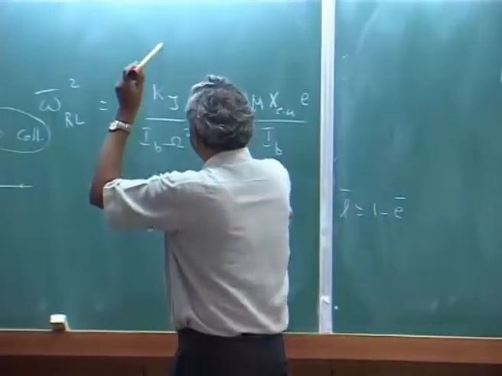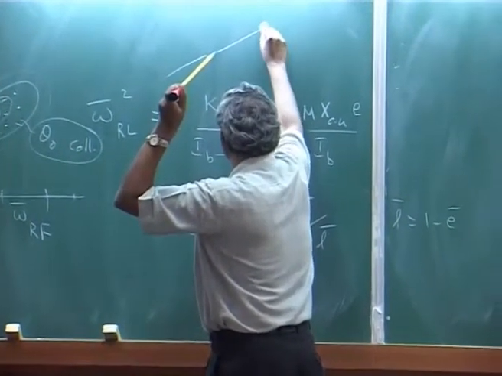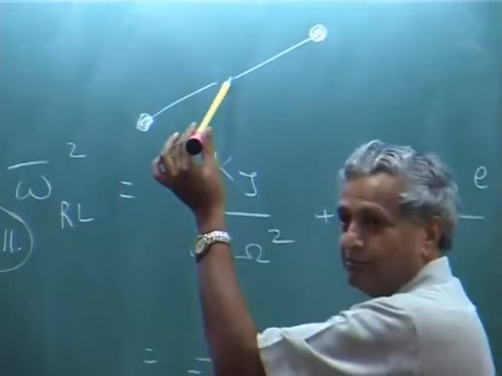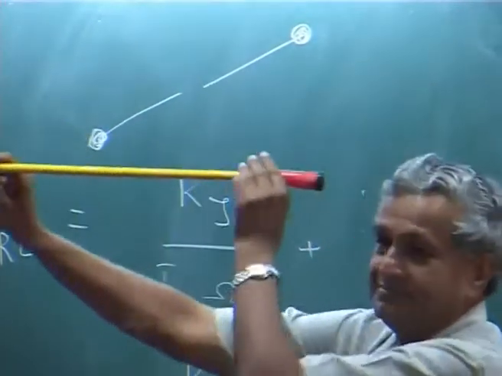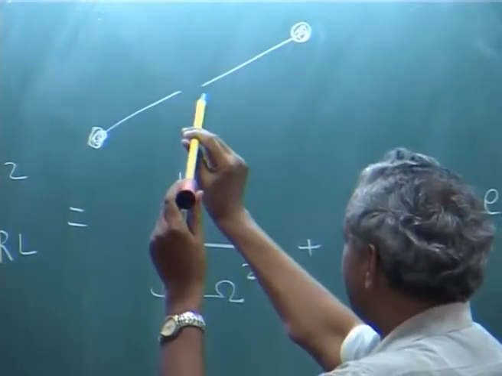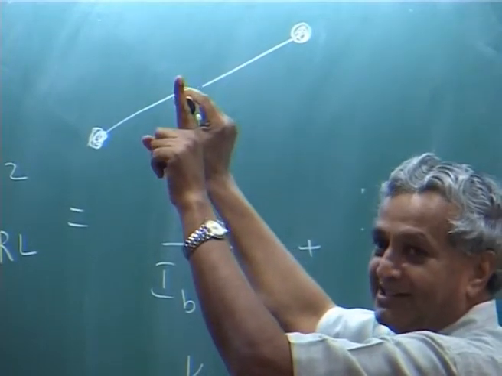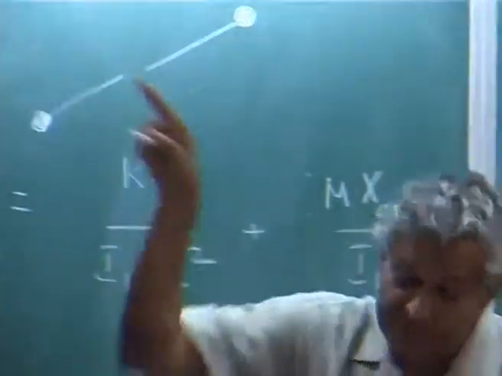If this is the blade, I am drawing like this. I put one heavy mass here and a heavy mass here. It is spinning, and this is my axis. This mass will get a centrifugal force in some particular peculiar direction.